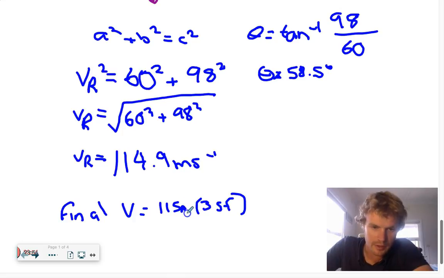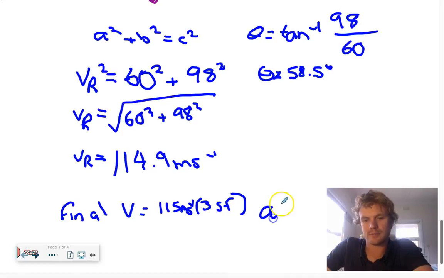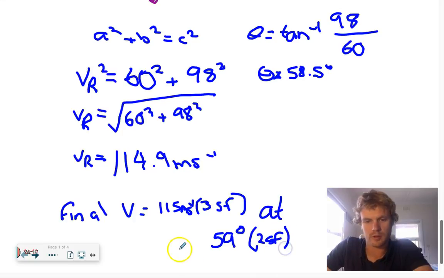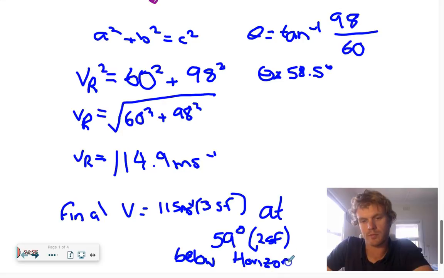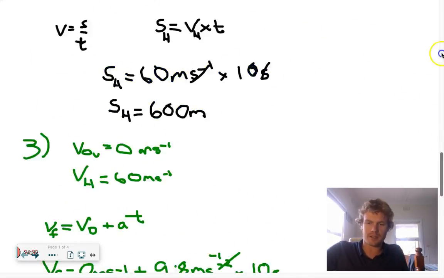I need units there, meters per second, at 59 degrees below horizontal. So that's how we answered this question here.